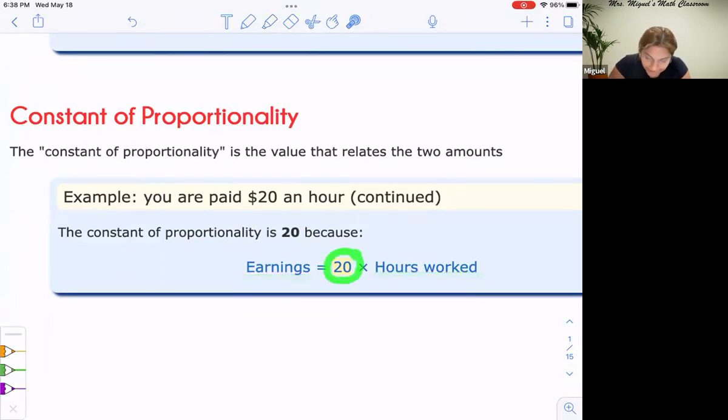You see this doesn't change. So if I work 2 hours, I will get $40. If I work 3 hours, I will get $60. So my earnings is dependent on the number of hours worked and the rate of pay is the same.